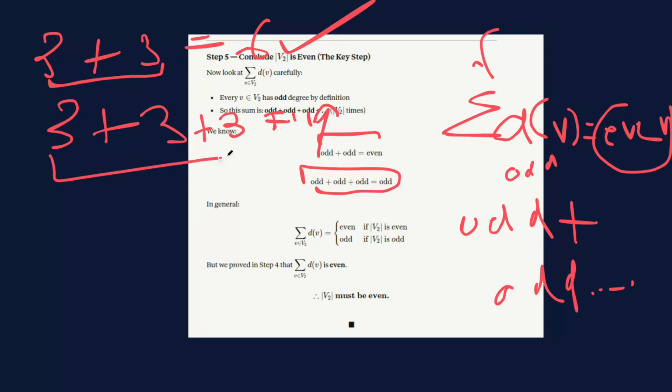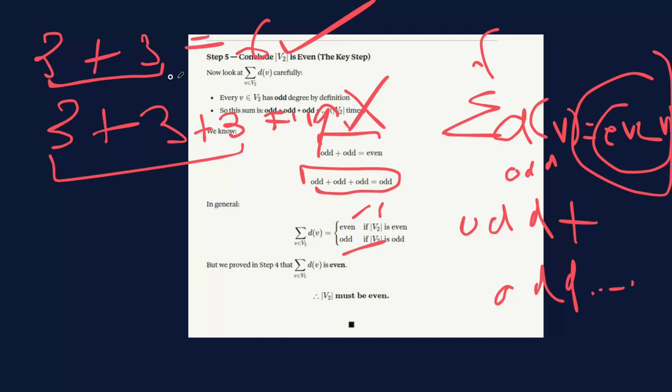If I'm adding this odd number odd times, like 3 times 3, then I will get an odd number. But we are adding these odd degree values and I am getting an even number. This degree can be even or odd, right? If the number of vertices in V2, with mod meaning the number of vertices with odd degree, is even, then only it will give me even.